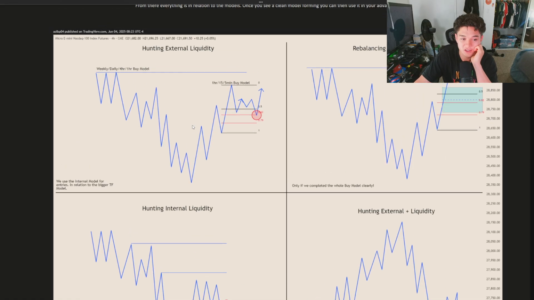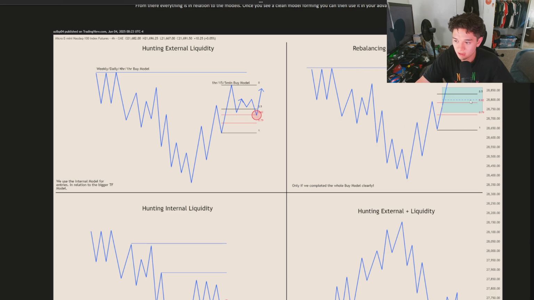Are we hunting external liquidity? So this is the end of the buy model. The initial consolidation. Did we create a smaller, internal buy model, to then expand to finish out the external buy model? Did we just finish the buy model and we have a reason to go lower?